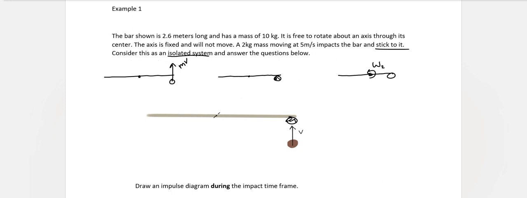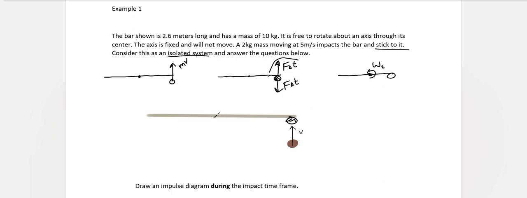Now, question A: draw the impulse diagram during the impact time frame. That's this picture. When the putty hits the beam, it is going to put an impulse on the beam in this direction, some sort of F delta T. By Newton's third law, there will also be a force on the putty in the opposite direction.